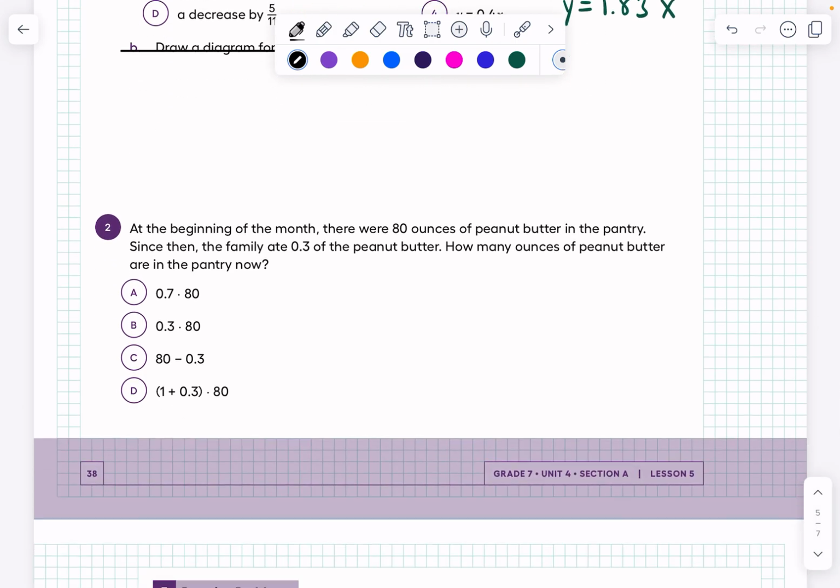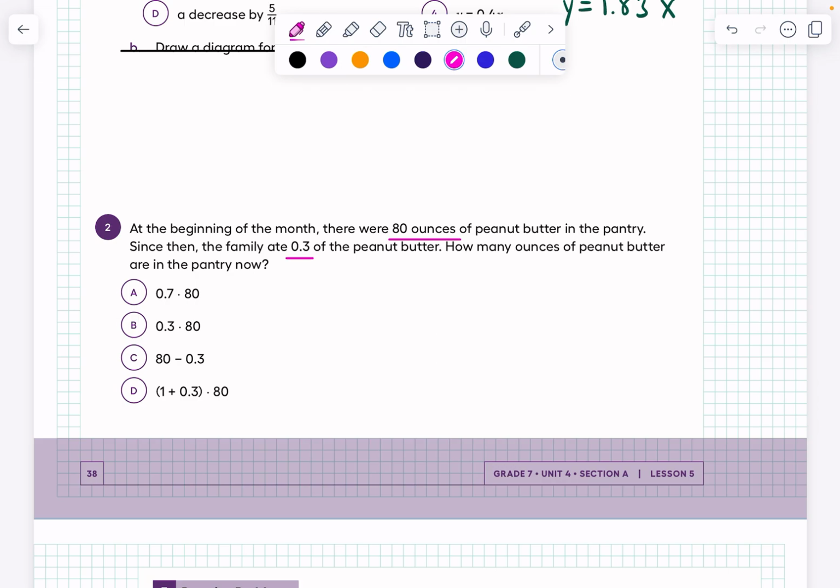Number 2, at the beginning of the month, there were 80 ounces of peanut butter in the pantry. Ooh, I love peanut butter. Since then, the family ate 0.3 of the peanut butter. Okay, how many ounces of peanut butter are in the pantry now?